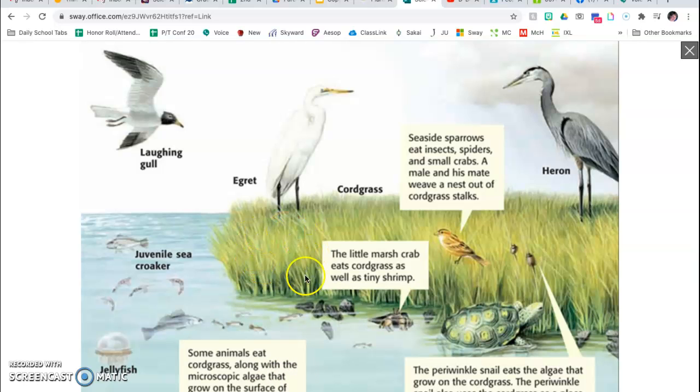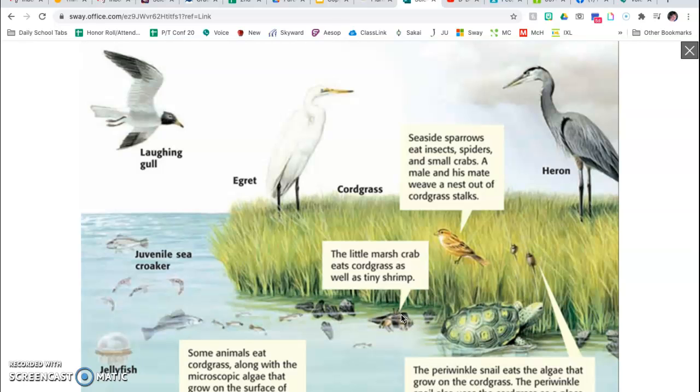So you can't see everything that's there. The periwinkle snail, which is this little creature, is one of the things that would eat the algae that grows on the cordgrass. And the periwinkle snail also uses the cordgrass as a place to hide from predators, from things that want to eat it.